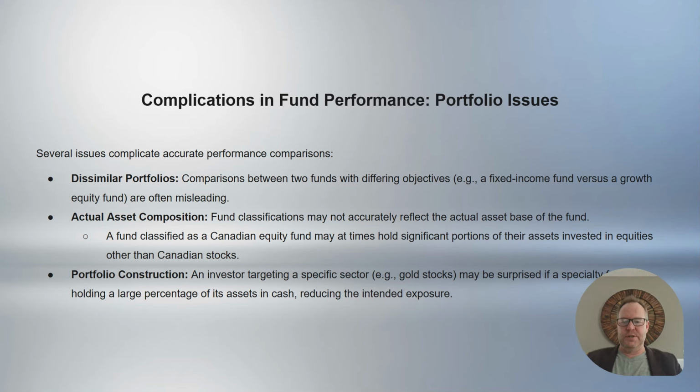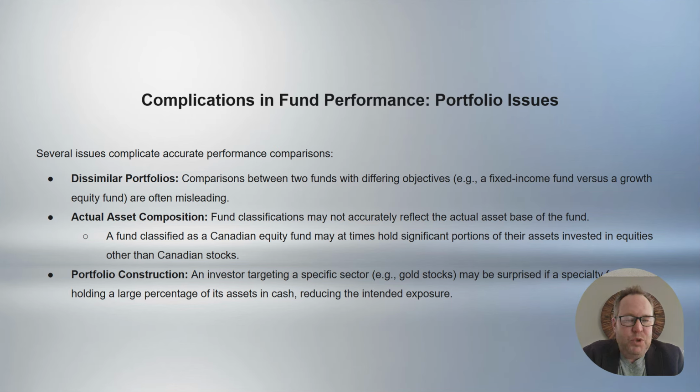Actual asset composition. Fund classifications may not accurately reflect the actual asset base of the fund. A fund classified as a Canadian equity fund may at times hold significant portions of its assets invested in other equities, other than Canadian stocks.